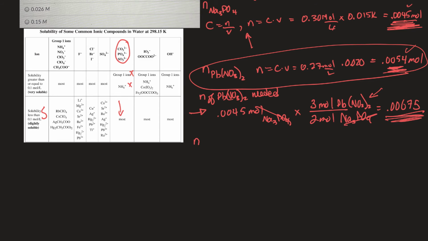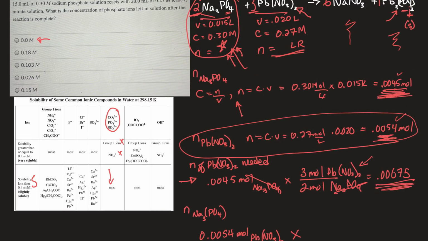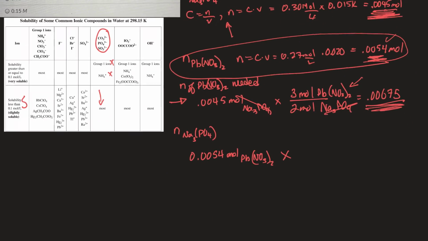So I want to figure out how many moles of the sodium phosphate I would have left over. So I start with the other one, the lead 2 nitrate. So I have 0.0054 moles of lead 2 nitrate, times, okay, where is my reaction? 2 to 3.